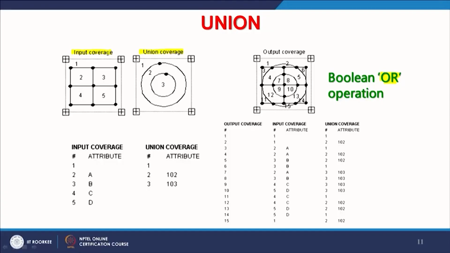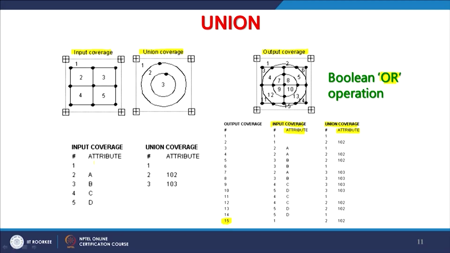So, this is my union coverage, and this is my input coverage where I have 6 polygons, and when I create the union I now have a large number of polygons. In this particular example, the total number of polygons has become 15. And of course, the input coverage will have an attribute field. Similarly, the union coverage will also carry its attribute field.